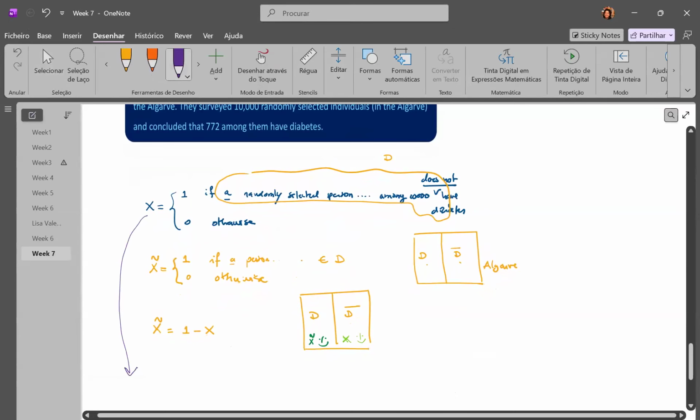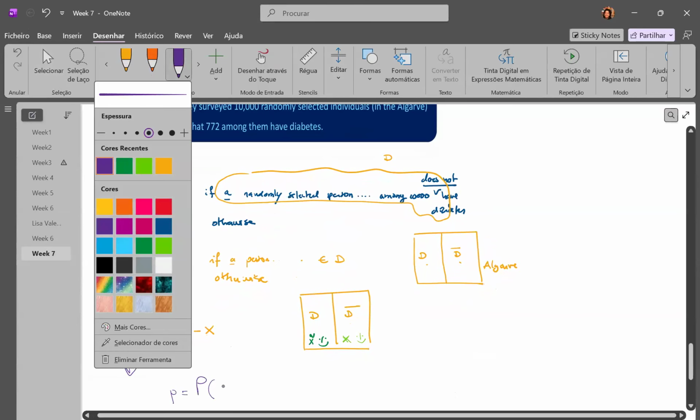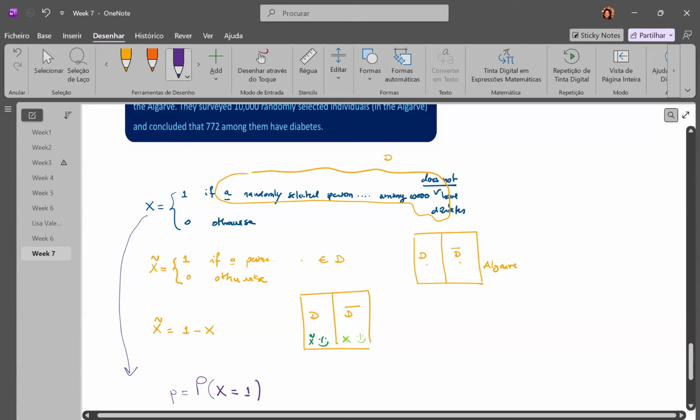When you think about this Bernoulli here, P, as we said, is the probability that X signals a success.